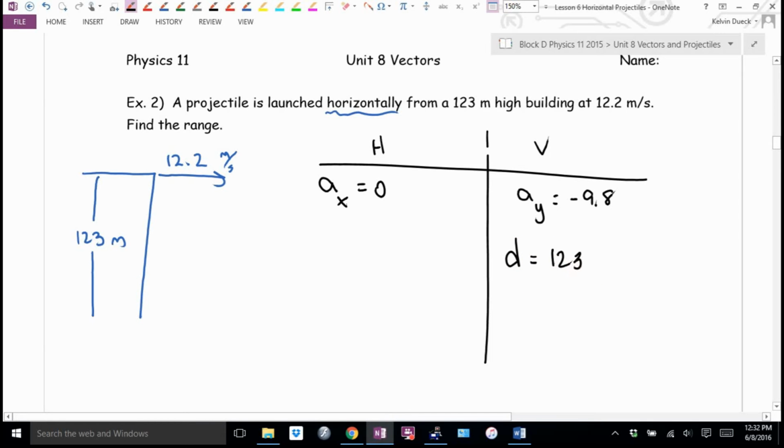Adrian, what mistake did I just make? Good. Adrian, that 12.2, what's that? First of all, what is it? It's a velocity, horizontal or vertical? Sure you want to rethink that?